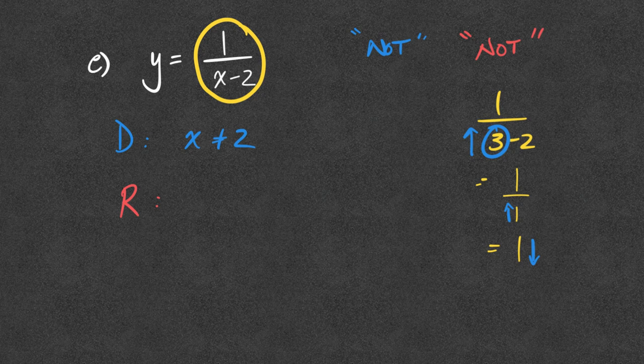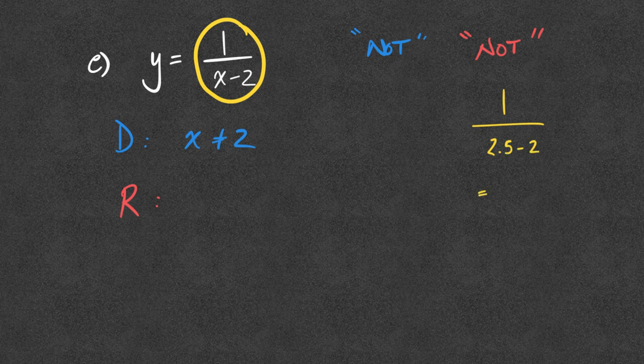Okay, can I get big values? Well, this might be something you didn't consider. When I have 1 over, what if I said like 2.5 for my x? Now that becomes 1 over 0.5. That might be easier to consider if we think about it as a fraction. Now that I'm dividing by a half, that really means flip and multiply.